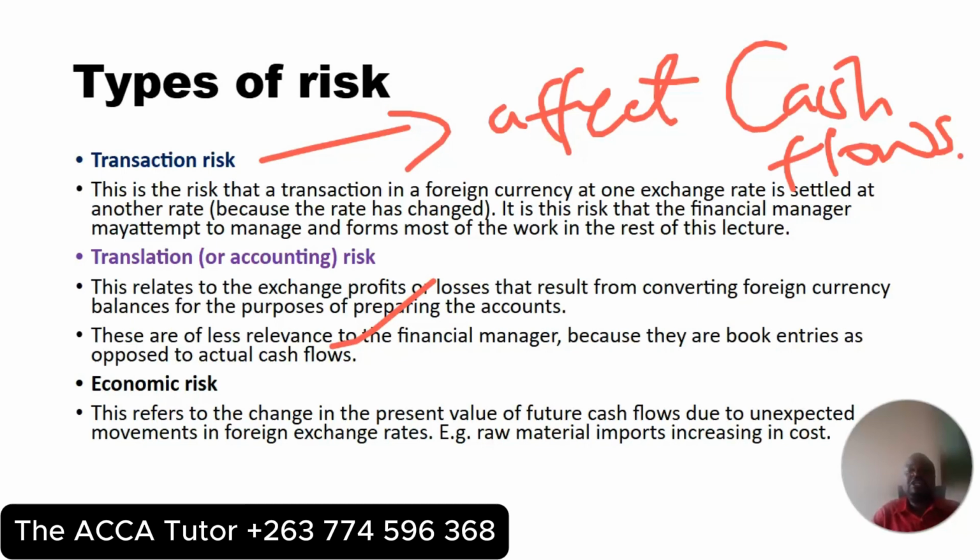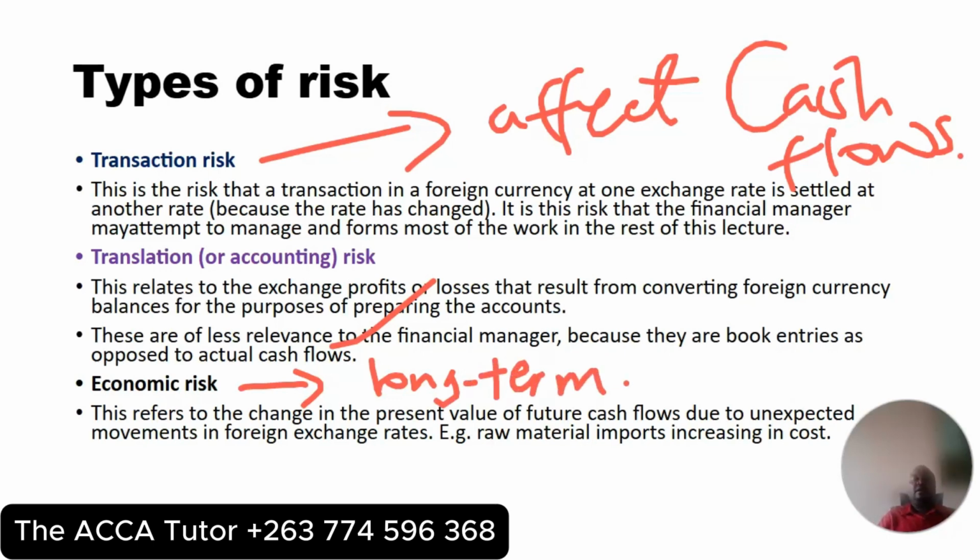This refers to the change in the present value of future cash flows due to unexpected movements in foreign exchange rates. For example, raw material imports increasing in cost. So this one, although it has got some transactional risk effects, is usually long term.